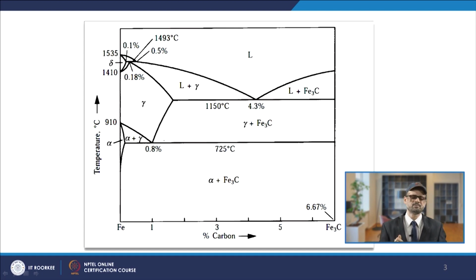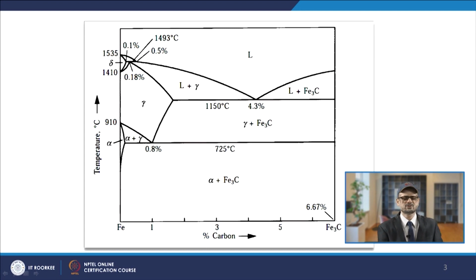Now, what you see is that this zone is alpha, and this adjacent zone will be alpha plus gamma, and this is your lower critical temperature and upper critical temperature. So, these are known as the critical temperatures, and this alpha plus gamma is known as the intercritical temperature zone, and this will be your gamma, that is austenite, that is FCC iron.